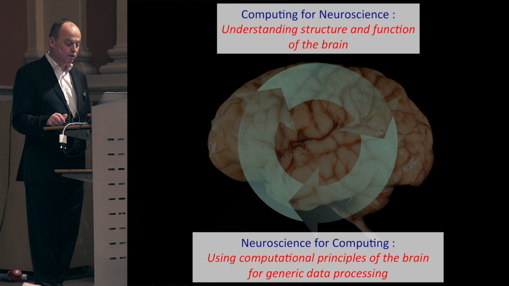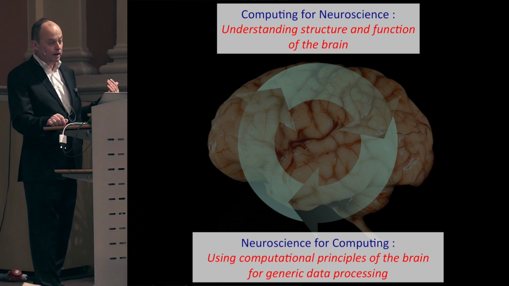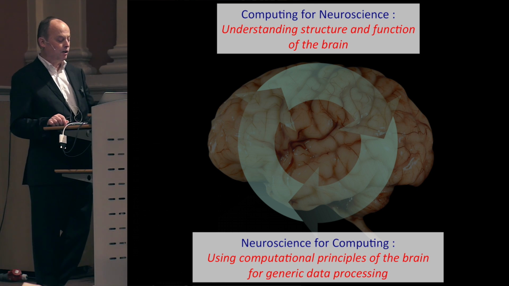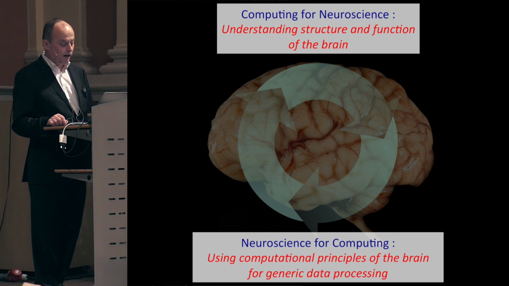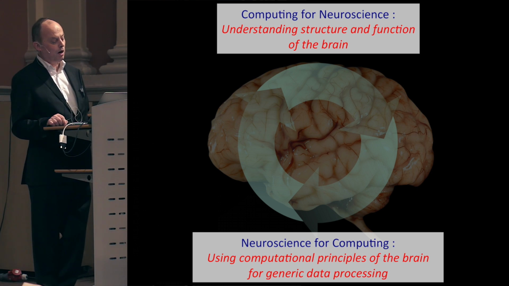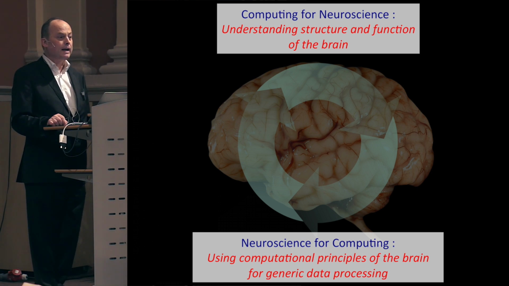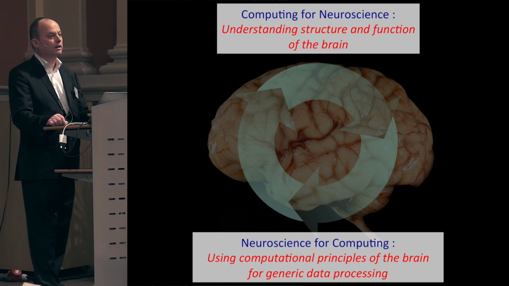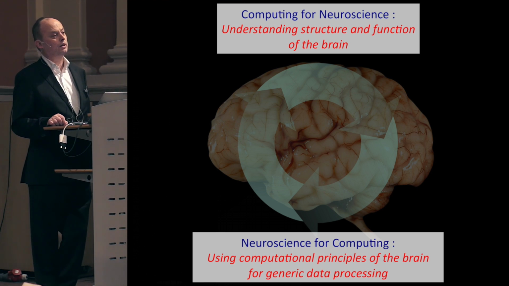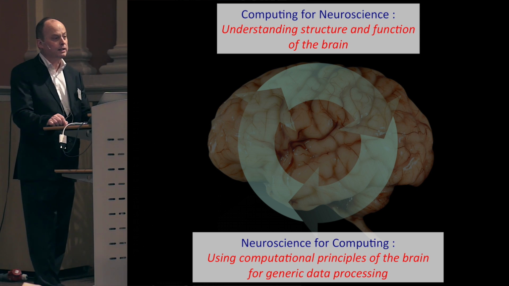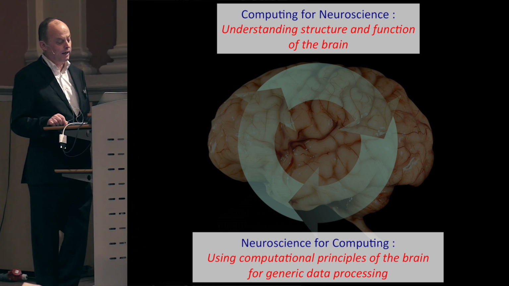So using computational principles of the brain that we may discover during those studies with computers may be used to produce new computing architectures that are generic in nature, no longer only built to produce information about how the brain works, but to process data in a more generic way, for example, data from business or from other science areas.